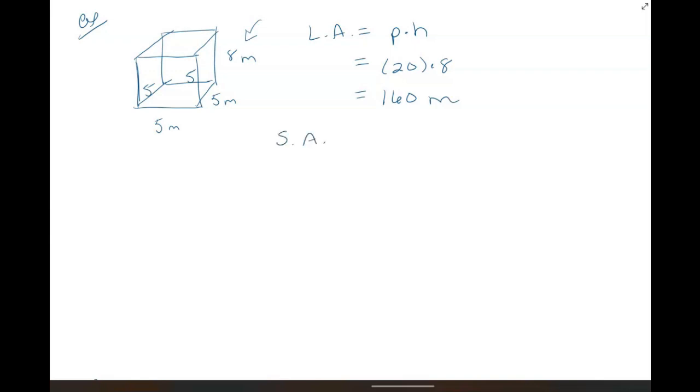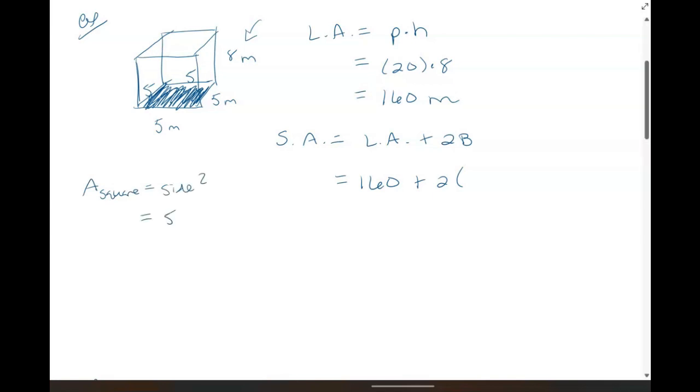Now the surface area is the lateral area plus 2 times the area of the base. We just found the lateral area, so that makes our life easy. Plus, we need 2 times the area of this base. So again, here is my base. We found the perimeter of this base by adding it up, but in order to find the area of the base of a square, the area of a square is the side squared, right?